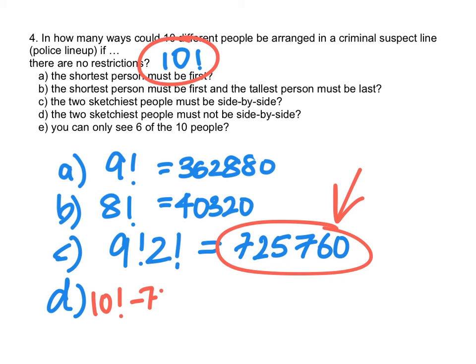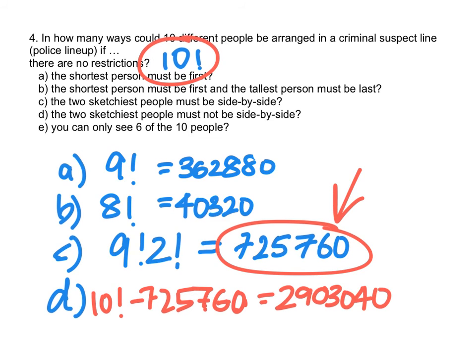We're going to take away all the cases where they're together, and then we'll be left with the number of possible arrangements where these 2 sketchy people are not together, which is 2,903,040.